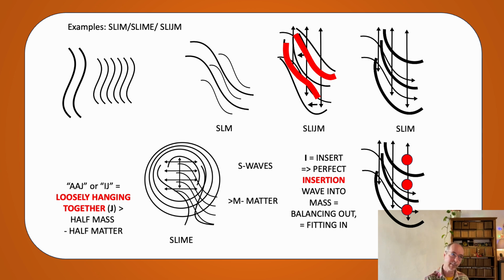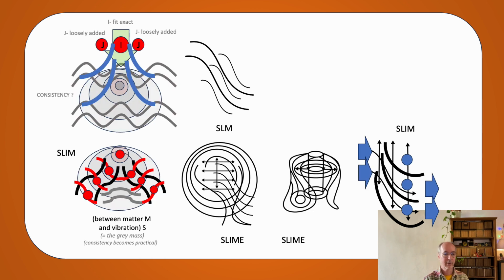So in between mass and waves we have SLIM, and that I have to explain a bit better. If I really focus only on the consistency, SLIM will actually be a perfect balance between matter and vibration. You don't have that in many forms.